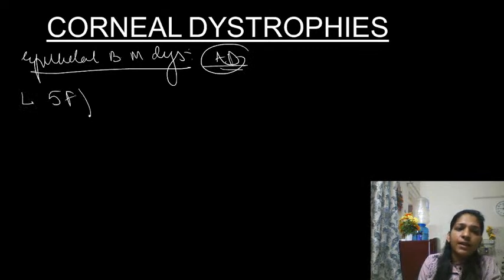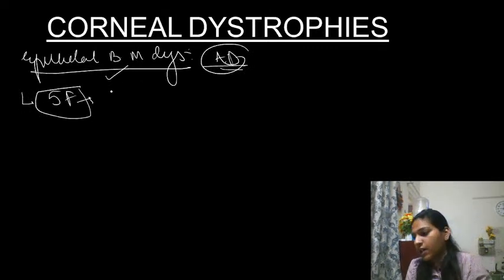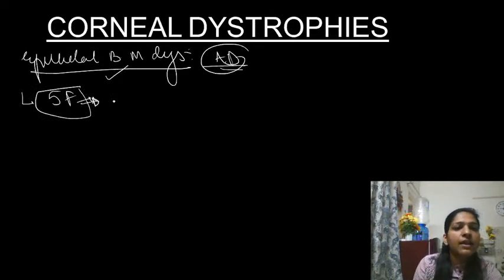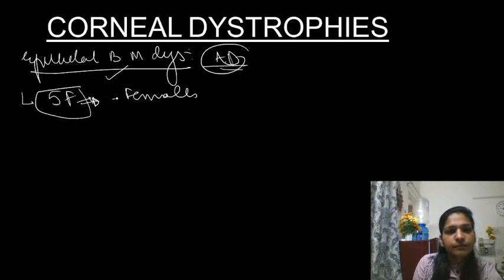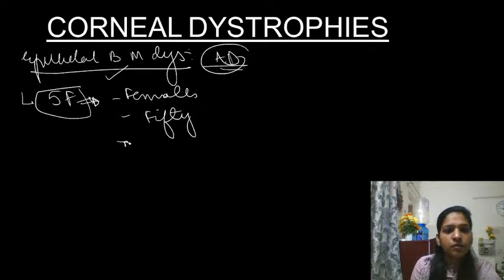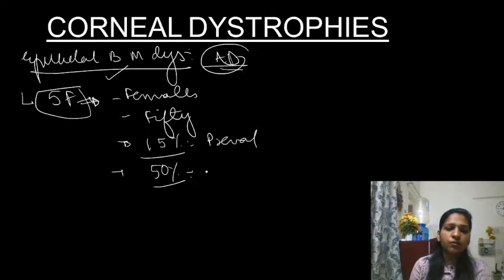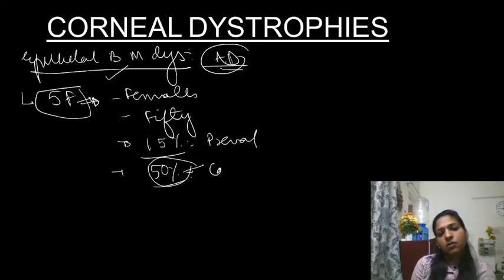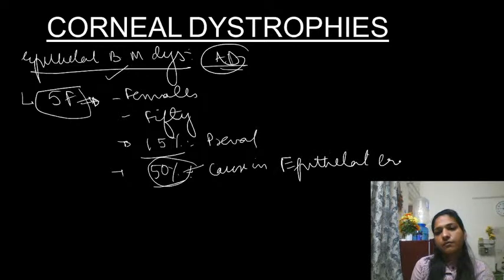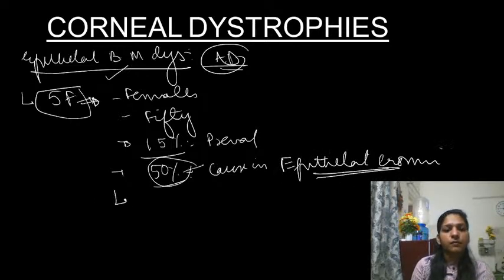Now there are 5 F's for epithelial basement membrane dystrophy. It is more common in females, around 50 years of age group, and 15% prevalence.